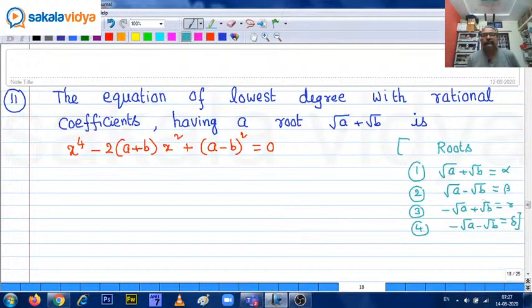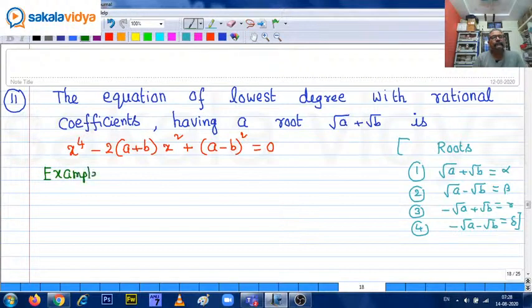Understood now? So now we need to find the polynomial equation formed by the roots alpha, beta, gamma, delta. We can use this as a shortcut formula. So let us do one example.